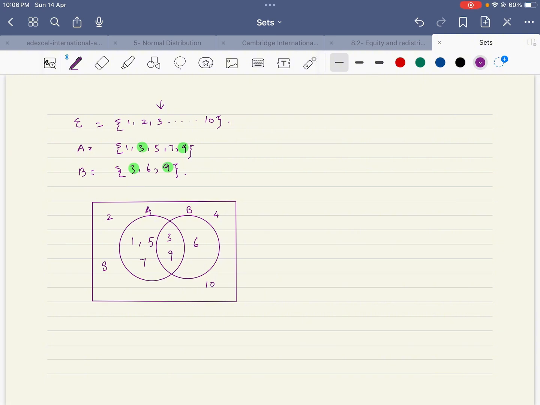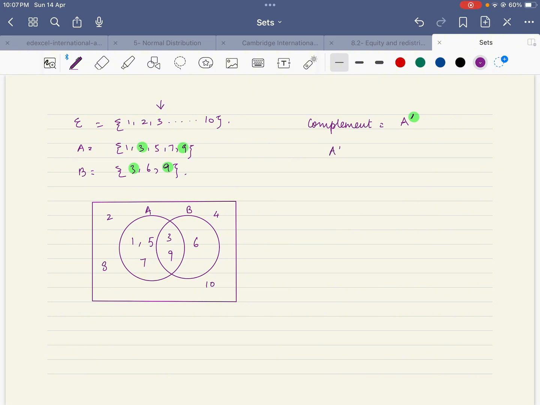Now on this Venn diagram we will perform a new kind of operation which is called complement. And it's denoted by a dash. For example, A complement is written like a dash. This is the dash. It's like an apostrophe or just a small line like this. So this is a dash or a complement.